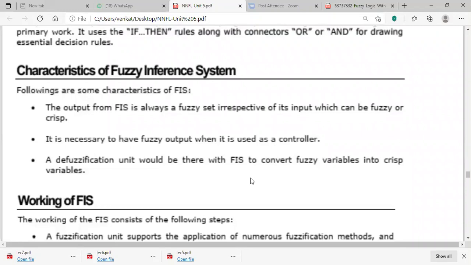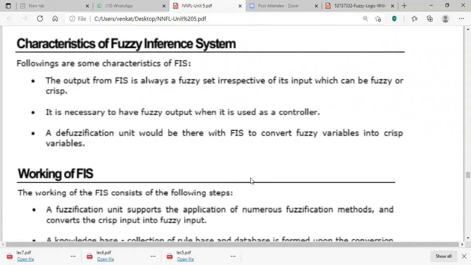It is necessary to have fuzzy output when it is used as a fuzzy controller. So along with the fuzzification block, a defuzzification unit also must be there to convert your fuzzy variables into crisp variables. Okay, so these are the three characteristics of fuzzy inference system.